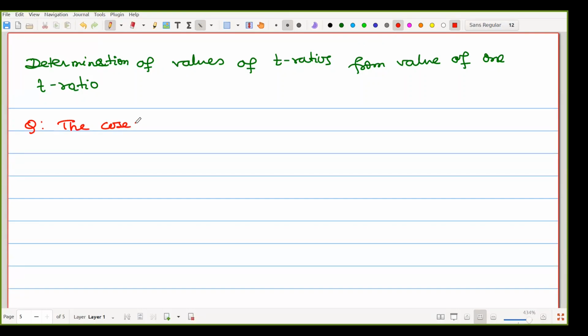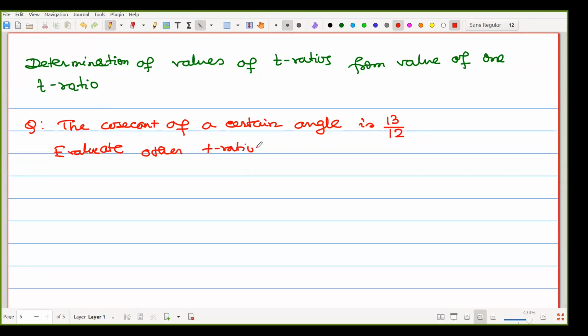The cosec of a certain angle is 13/12. That means the cosec value of an angle is 13/12. Evaluate the other trigonometric ratios of this angle.